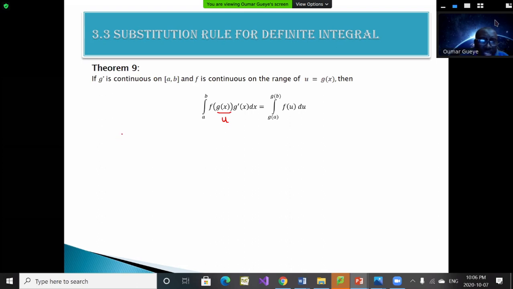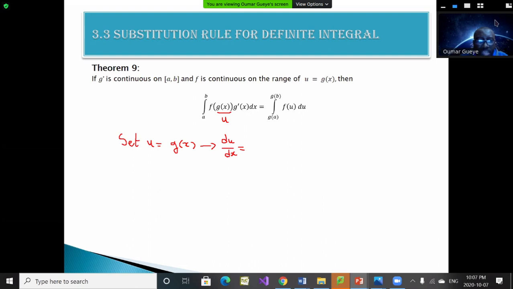Now, by setting u, you set first u equal to g of x. I'm just going to show you how this part was obtained. From here, you can calculate the derivative of u with respect to x. So you differentiate the left-hand side of what you set at the beginning to get du over dx.